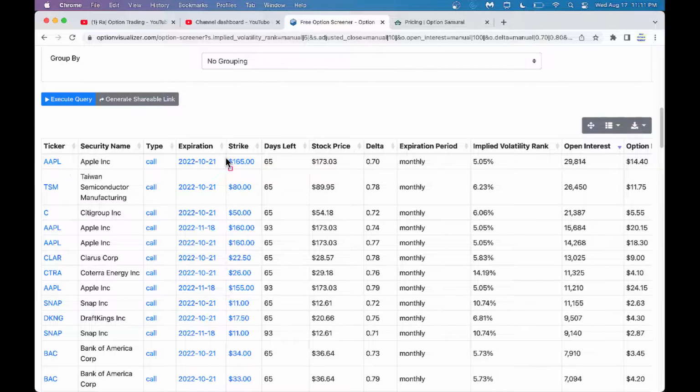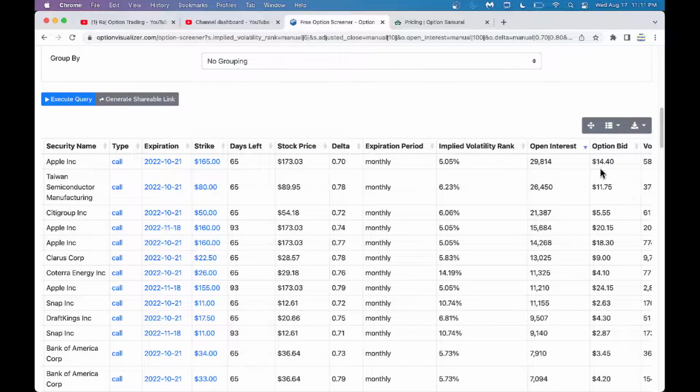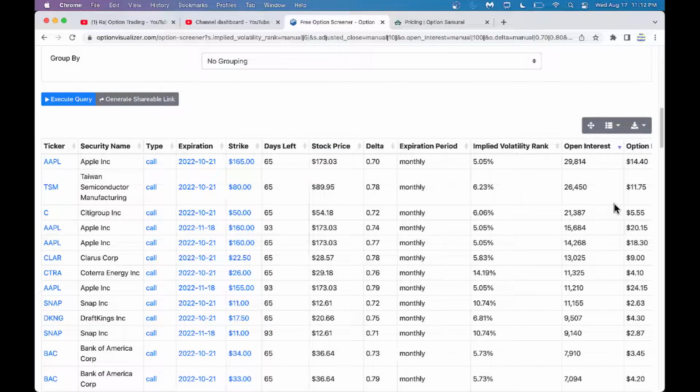Apple's strike price is 165, and we got stock price 173, which is yesterday's price, and you're really buying below the current price, so you pay some money for this. But look, you're paying about $14, as you can see here. That's the option bid price. But these are my favorite places, mainly because look at the open interest, nice and high open interest. You got to be buying call options when the open interest is high, so that's how you make money.